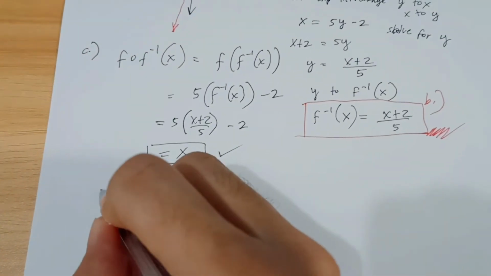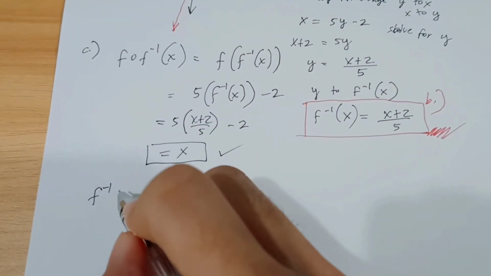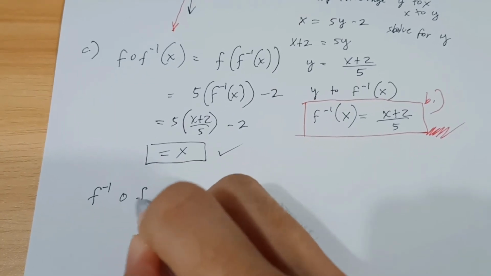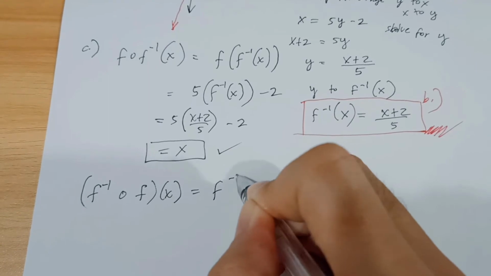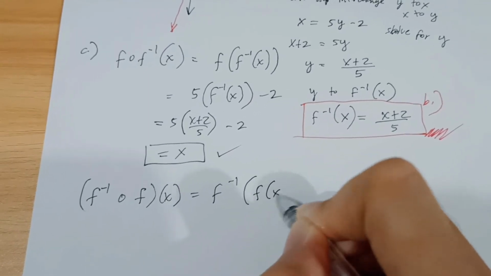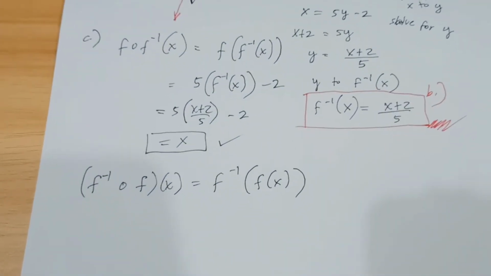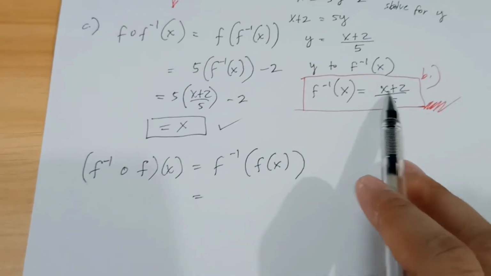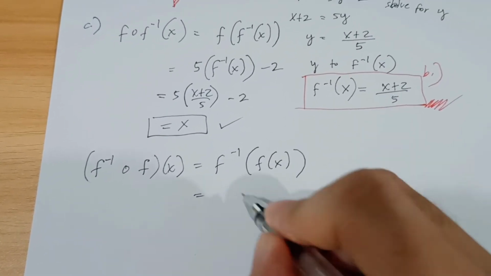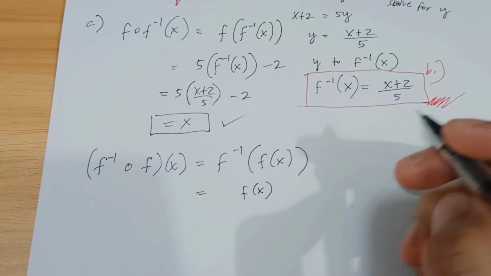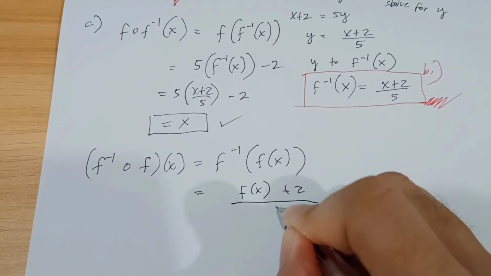Last naman is yung f inverse circle of f of x. So equal siya sa ganito. Yan, equal siya sa ganyan. Copy natin yung buong inverse, tapos palitan natin yung x ng function. Giging f of x na siya, plus 2 over 5.